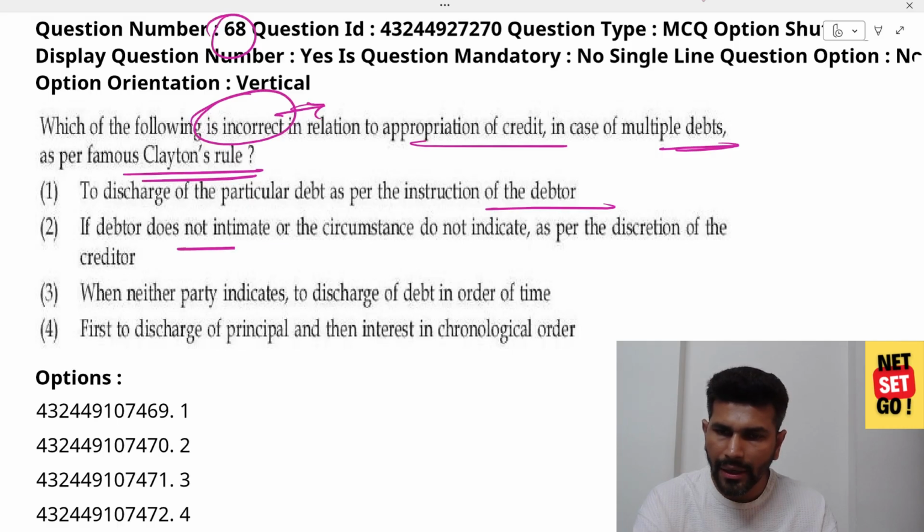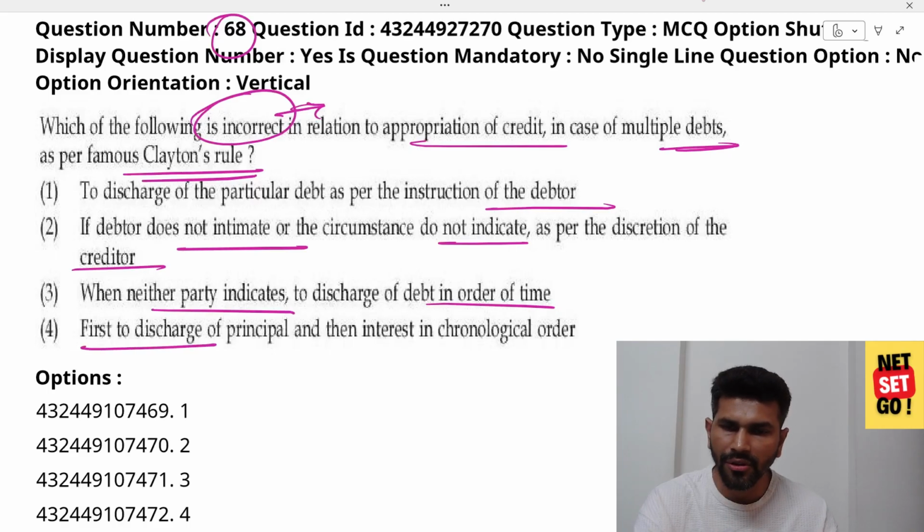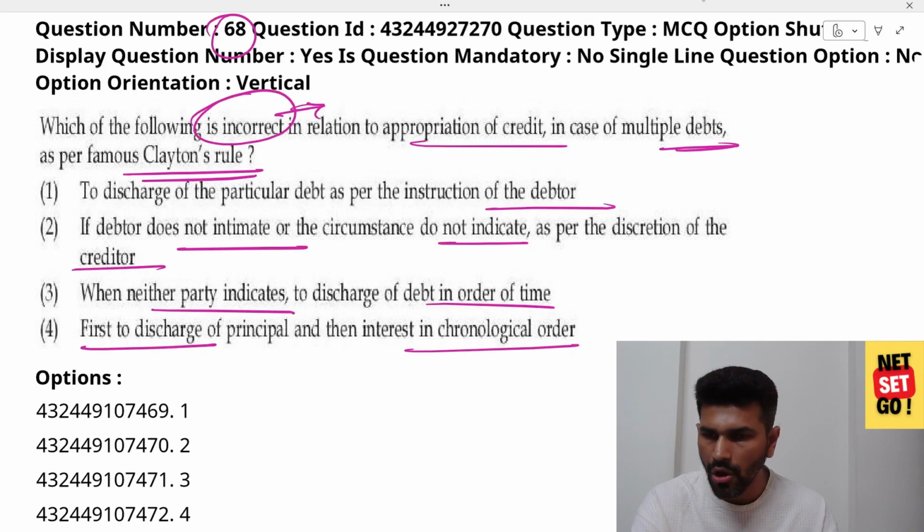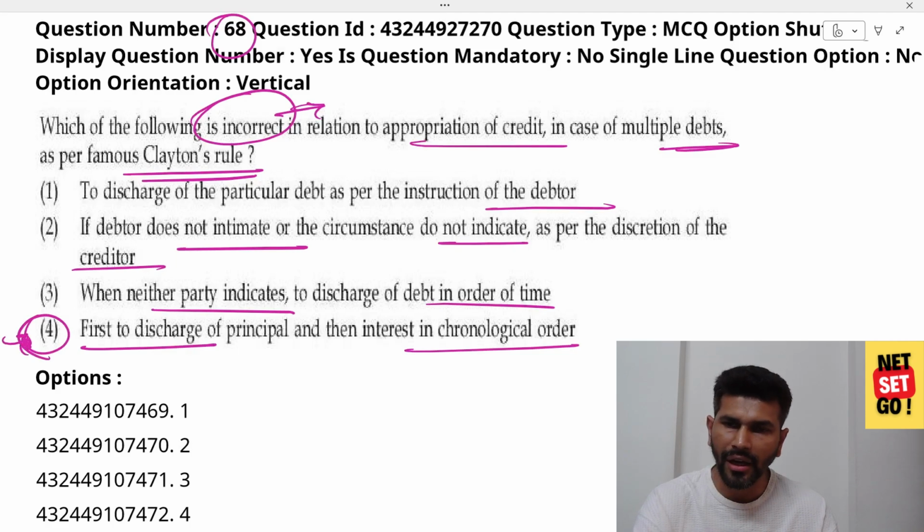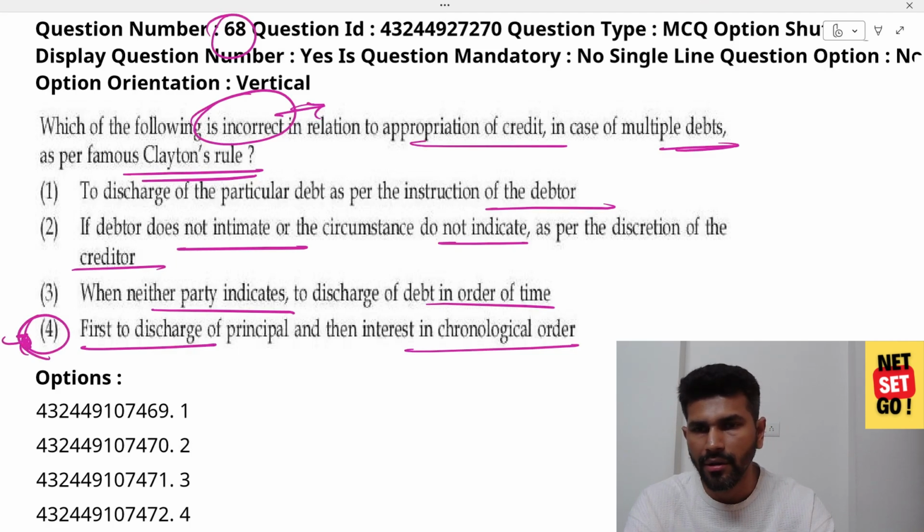If the debtor does not intimate or circumstances do not indicate, as per the discretion of the creditor, when neither party indicates to discharge the debt in order of time, or to first discharge the principal and then interest in chronological order. Option 4 is the correct answer. It is the incorrect statement.